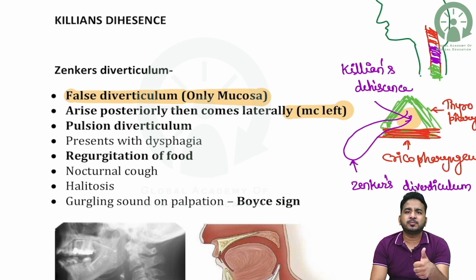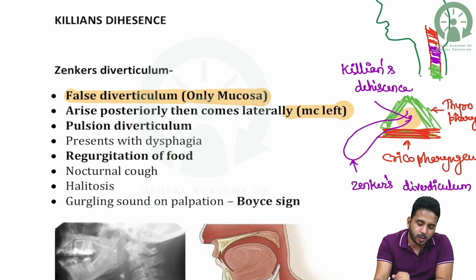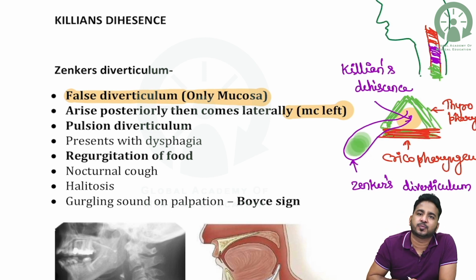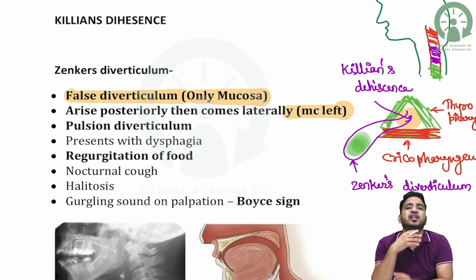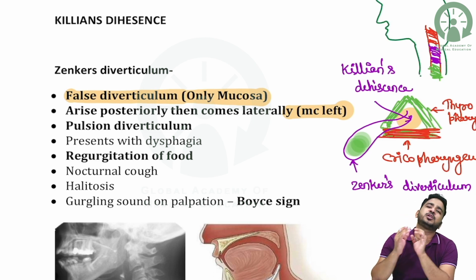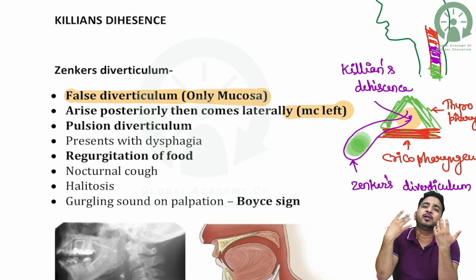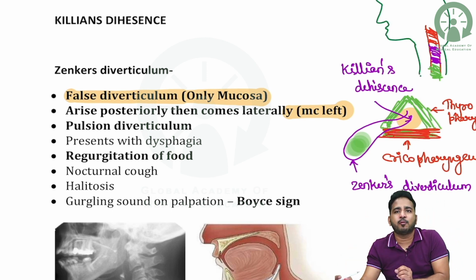And what are the symptoms? It presents with dysphagia. What will happen? If the patient is eating food, some food will go inside this pouch, and with this the patient will have a feeling of satiety, meaning my stomach is full, or feel irritation and nauseating. Whenever the patient goes to sleep at night, some food may regurgitate from this pouch, and that will cause nausea, vomiting, dysphagia.